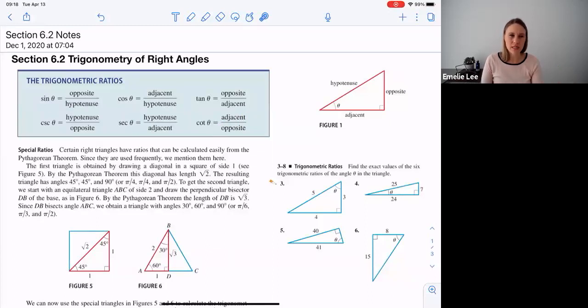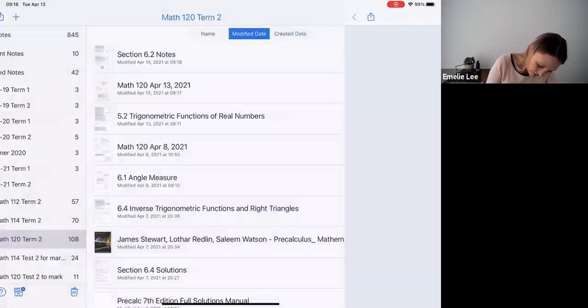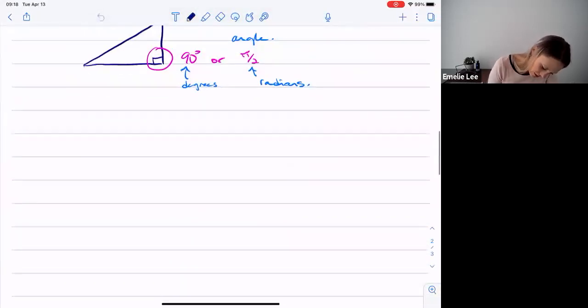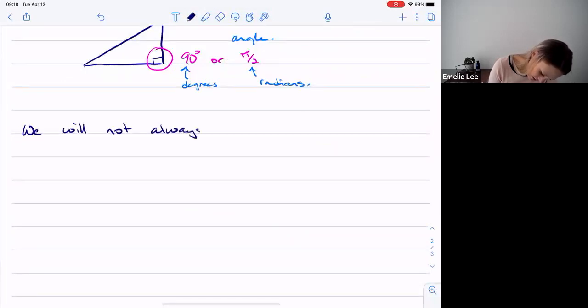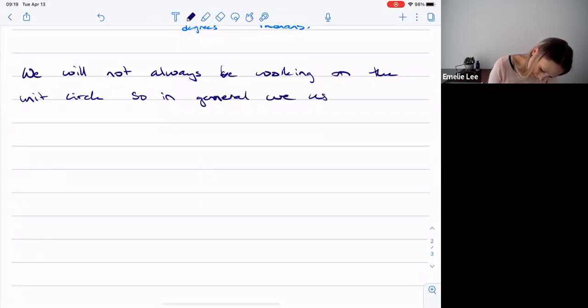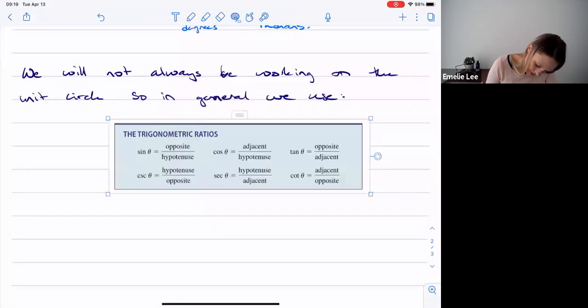So we will not always be working on the unit circle. So in general, we use these.